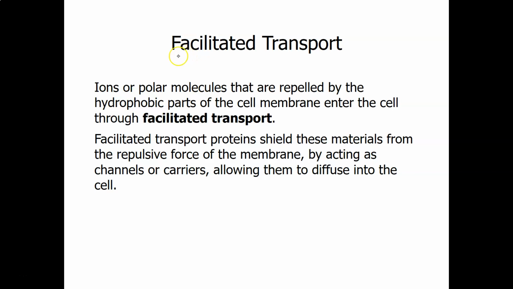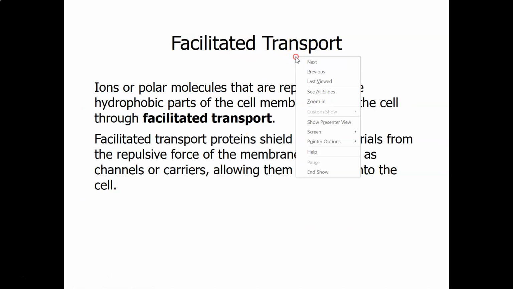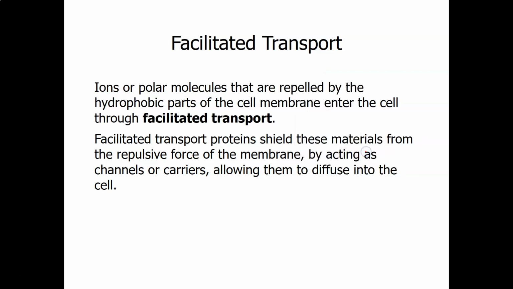But facilitated transport means that the molecules are diffusing across the phospholipid bilayer, but they have to go through a transport protein. So facilitated transport, or facilitated diffusion, occurs when you have ions or polar molecules that are soluble in water.